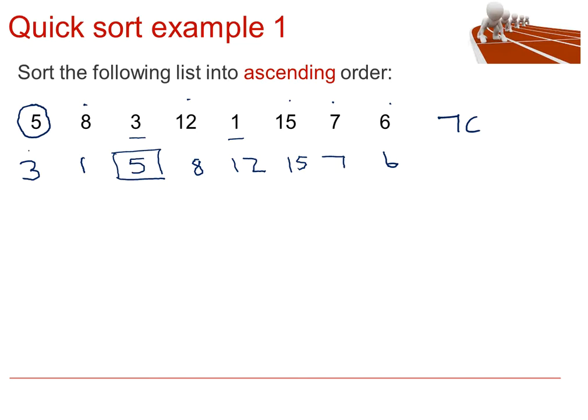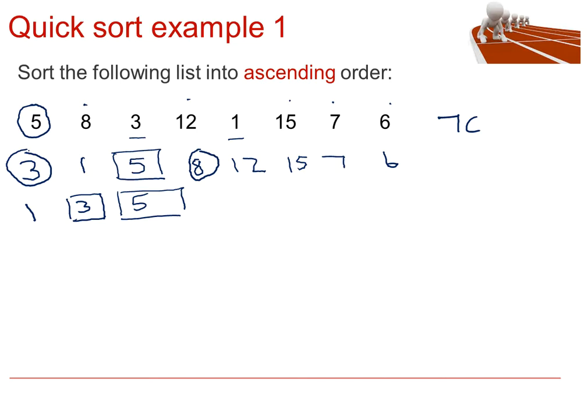My new pivots will be the 3 as the first element of this sublist to the left of the original pivot, and 8, which is the first element of the sublist to the right. So I will compare the 3 with the 1, and the 1 is smaller, so it will move there. The 3 is then fixed in that space, and the 5 stays there.